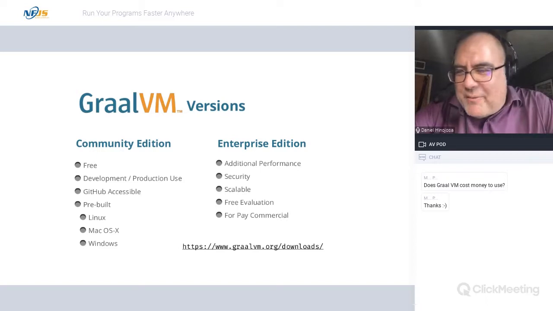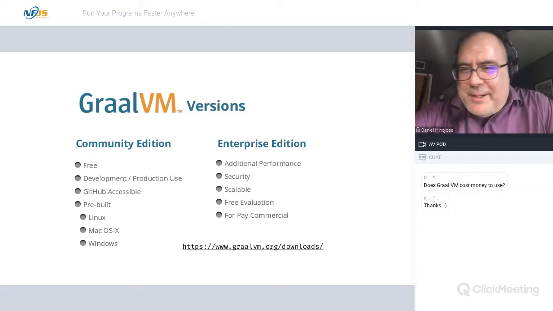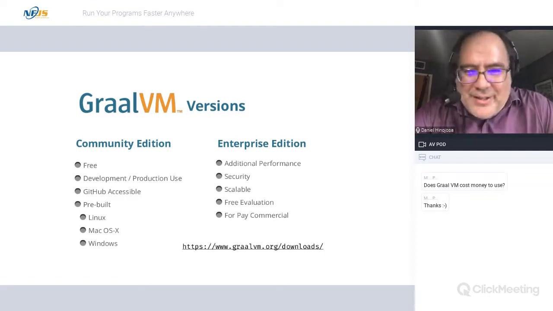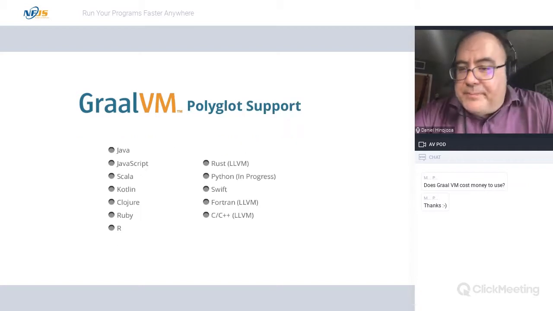I don't know specifically what that means, but it sounds like a weird tactic. It seems like the performance should already be in the Community Edition, but that's the way they're going about it. Security, scalable, free evaluation, but then for pay commercial. You can take a look more at the graalvm.org downloads.